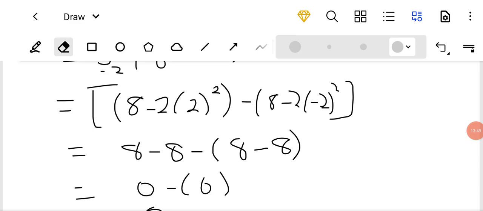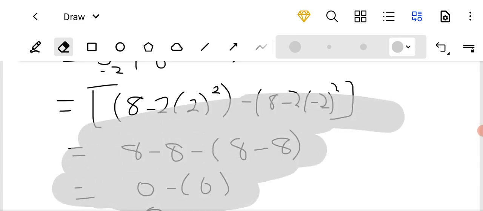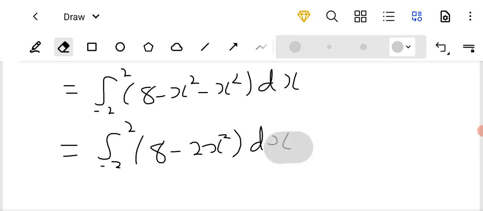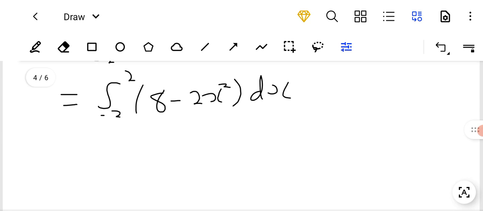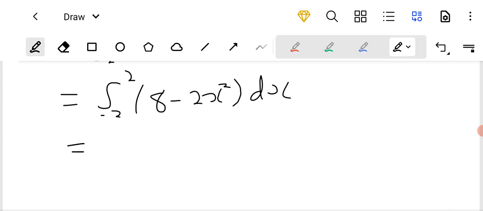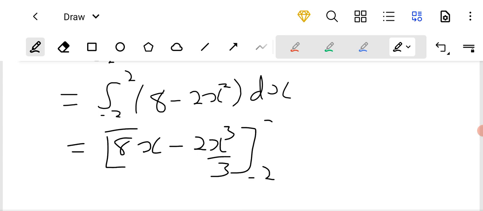Just pardon me there, I got a bit ahead of myself, I forgot to do something. At this stage we did our simplification very well, but we didn't integrate, we just started substituting the limits. Sorry for that. It's supposed to be equal to 8x minus 2x to the power 3 divided by 3, from -2 to 2.